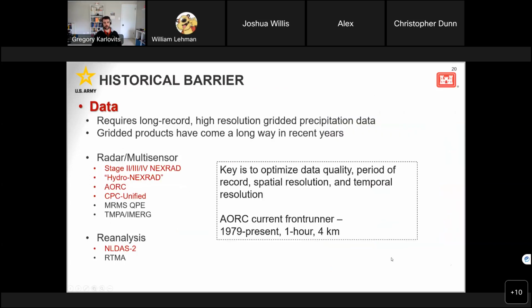I mentioned that the historical barrier to this was data. Really, it hasn't been until I would say the last definitely 5, maybe as long as 10 if you're being generous years, that there has really been a renaissance in data for long record, high resolution gridded precipitation products. It's come a long way, and that's been a blessing for a number of modeling applications.